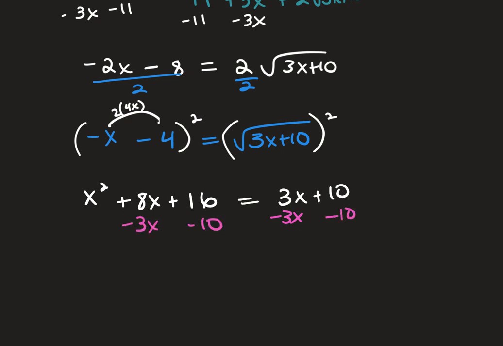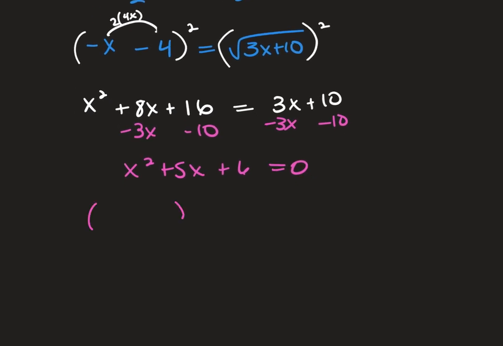Subtract the 10. And then we're looking for factors of 6 that sum to 5. That's positive 2 and positive 3. We split and solve, and we get our 2 answers.